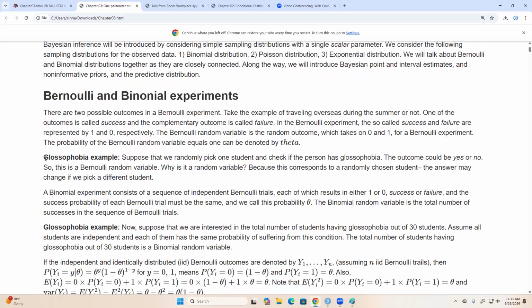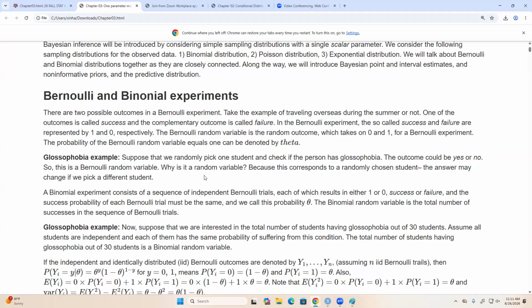A binomial experiment consists of a sequence of independent Bernoulli trials. Each will result in 0 or 1, and each trial is independent, and the success probability of every trial is the same. If these conditions hold, then we call it a binomial experiment.